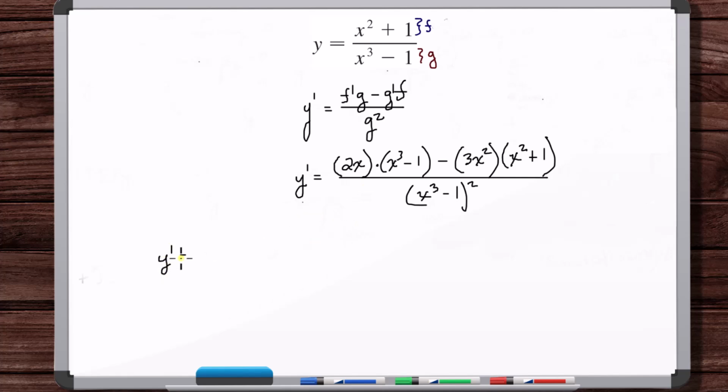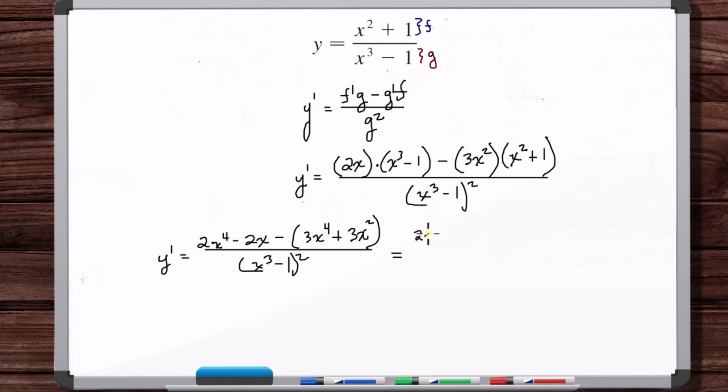So let's distribute the top here and then combine everything and see what we get. So 2x to the fourth minus 2x minus 3x to the fourth plus 3x squared all over x cubed minus 1 squared.